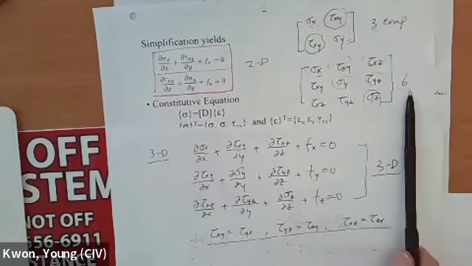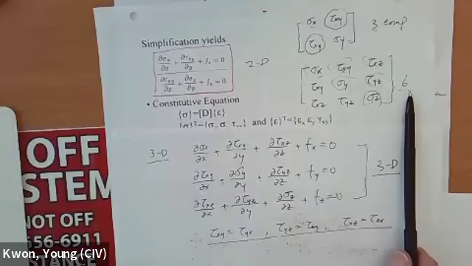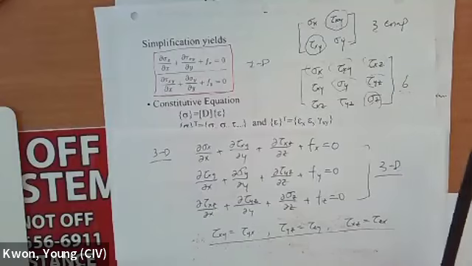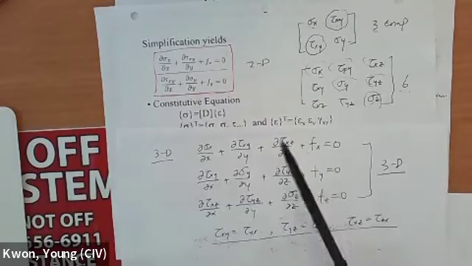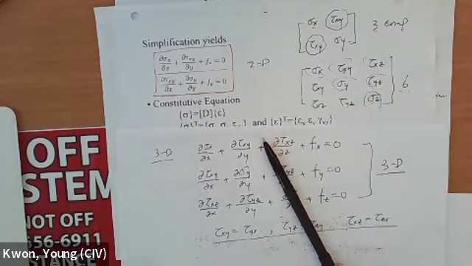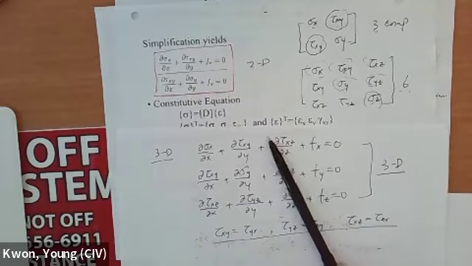So 6 unknowns and 3 equations, then definitely we are short of equations. And also there is one clear difference between this and structural element formulation like a beam or truss.